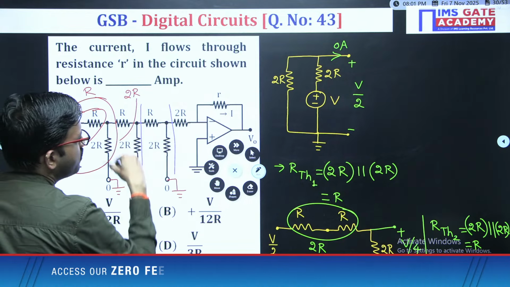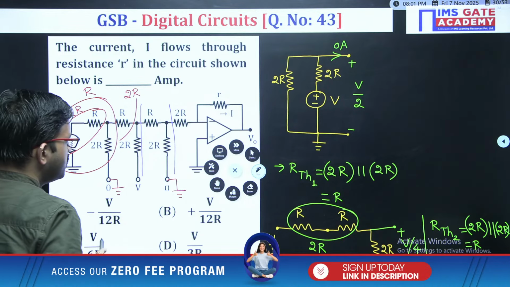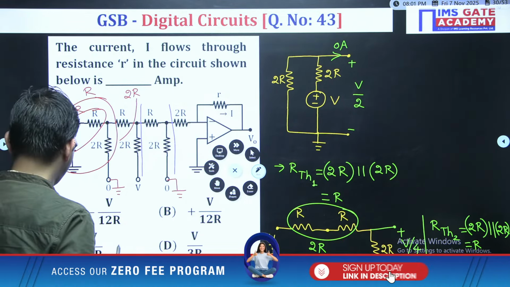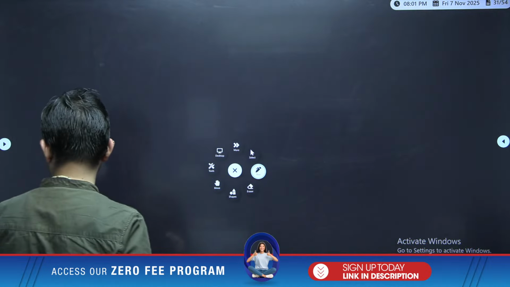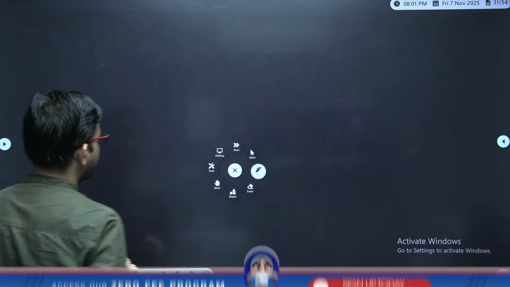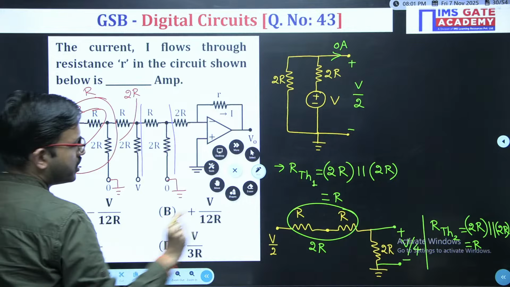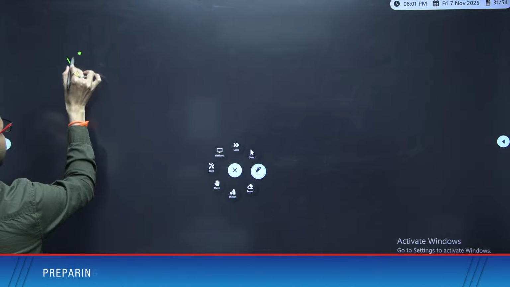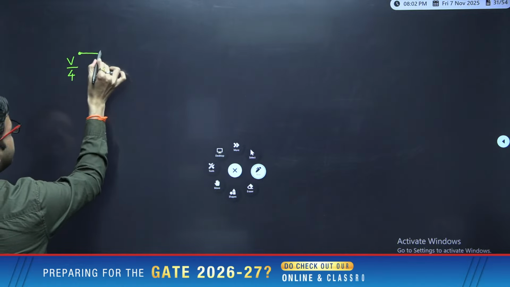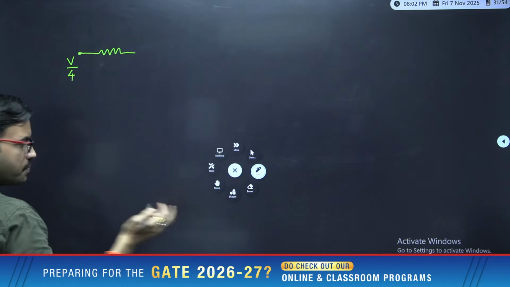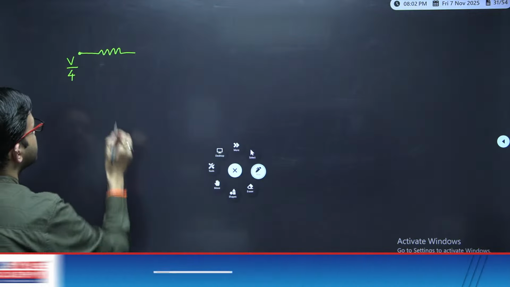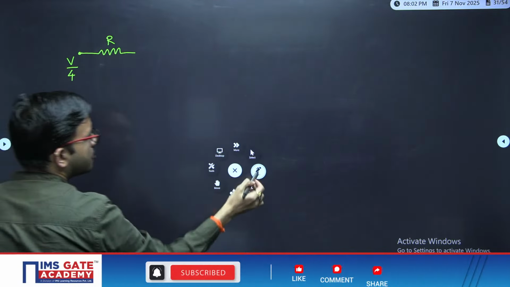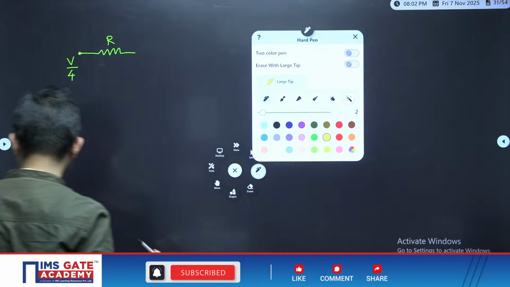Whatever we got so far, I am representing here. I am just adding one slide. Here we got V by 4, in series with one resistance, that is your R. Now whatever the rest of the circuit you're having, you can append.